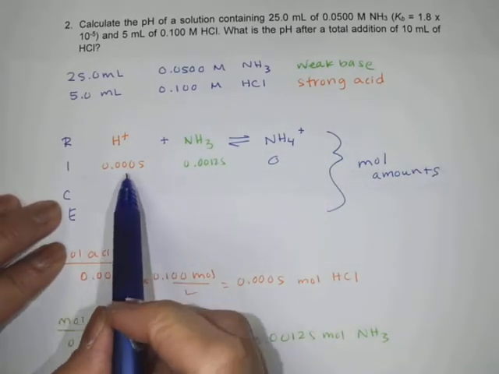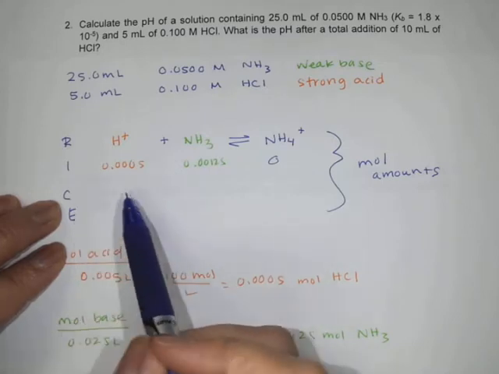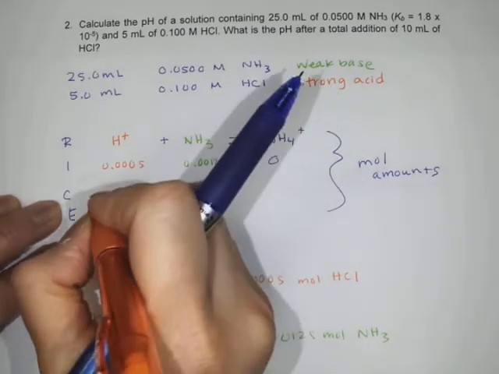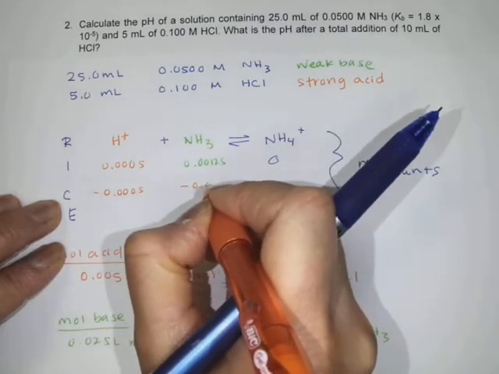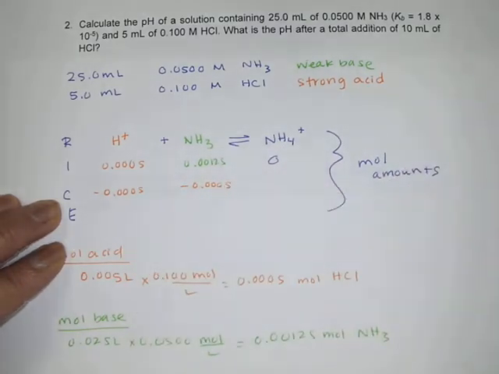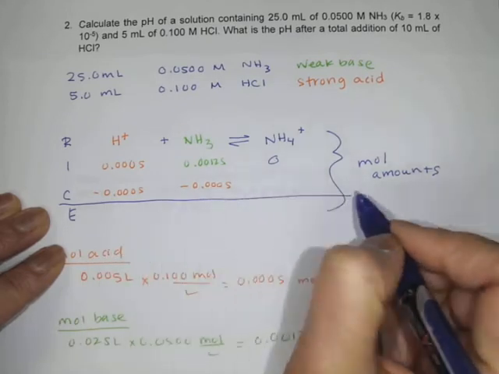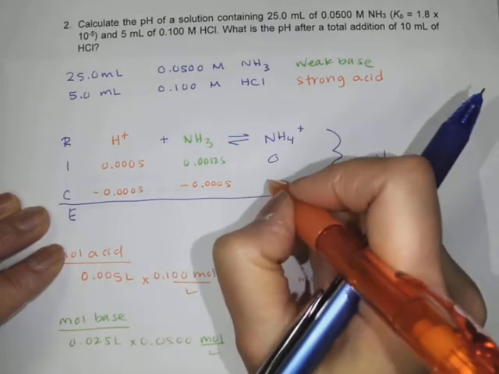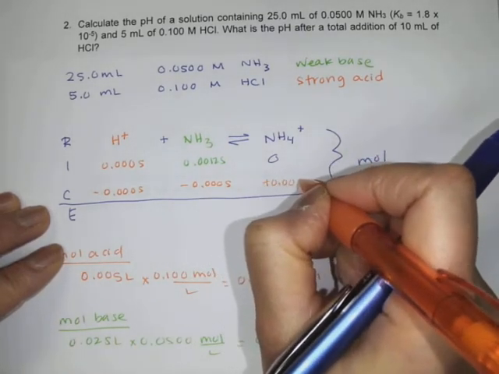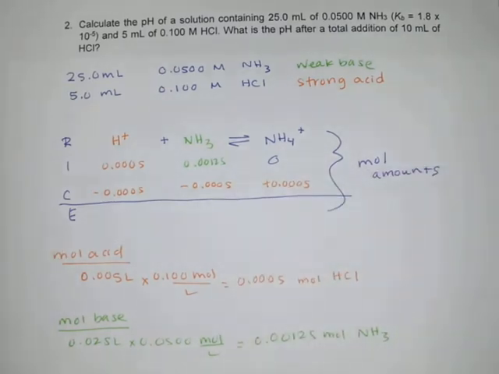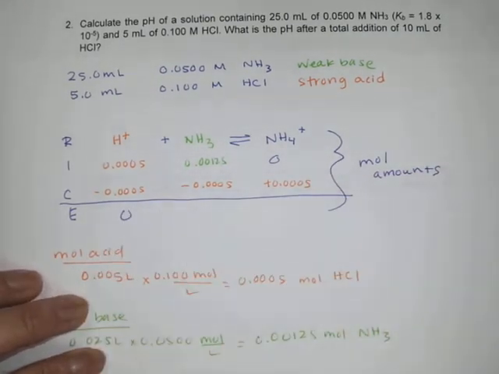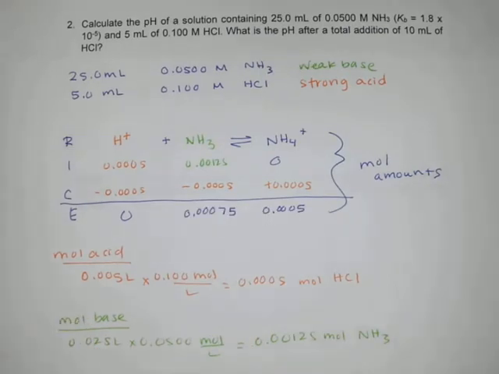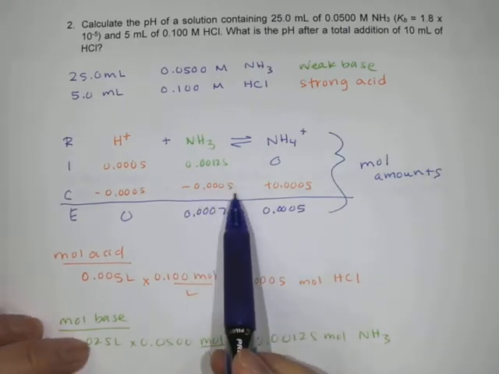All of the H plus is going to get used up, so that's going to be minus 0.0005, and this will be plus 0.0005. All right, so our equilibrium here is 0. Okay, so do your subtraction.